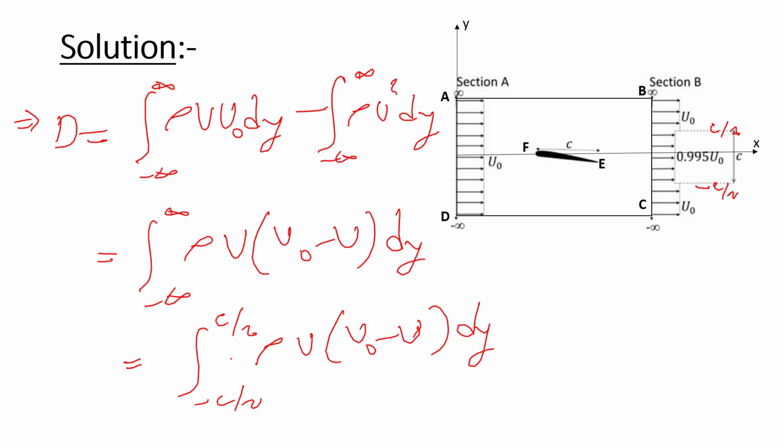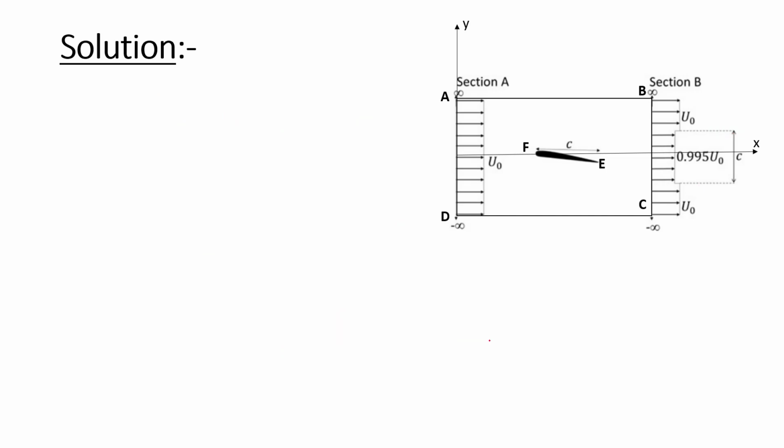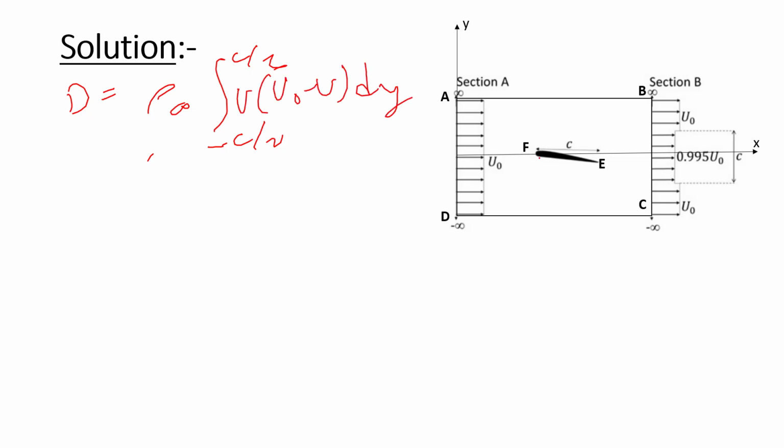Now we will take one assumption. As it is mentioned in the question that flow is at the very low speed, hence density change will be very small, so we will assume that rho is almost equal to rho infinity. Hence our D will become D equal to rho infinity integration minus c/2 to c/2 u (u naught minus u) dy.